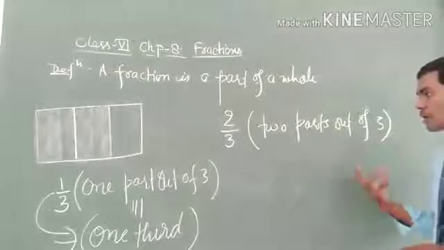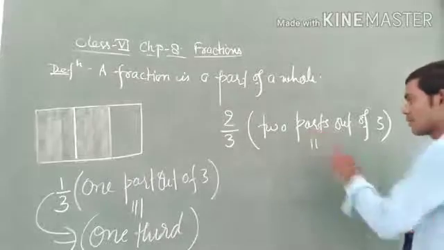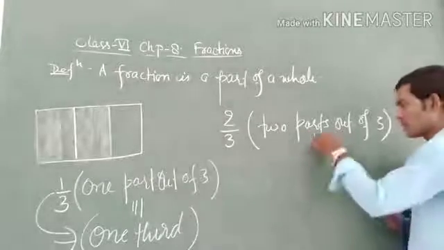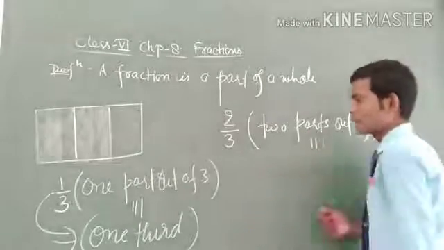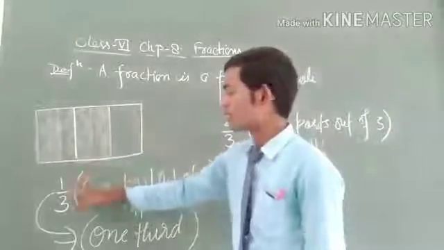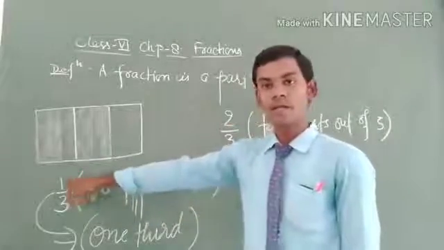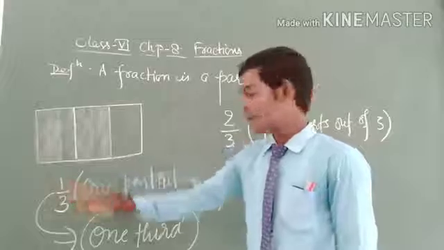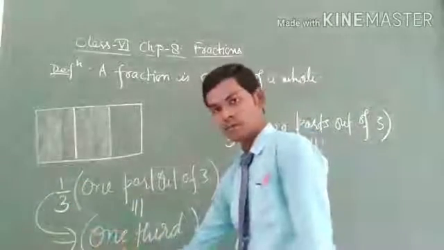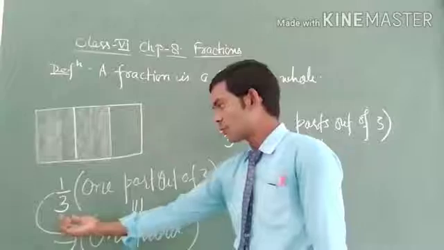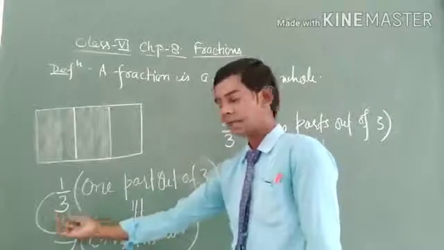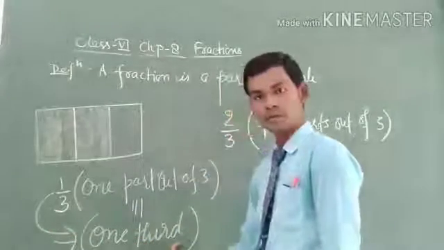Okay, 2 parts out of 3, and the equivalent name of this fraction will be as follows. When the numerator was 1, we wrote here 1, and when the denominator was 3, we wrote third.